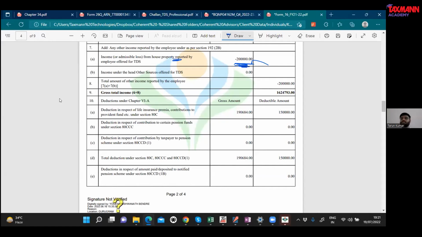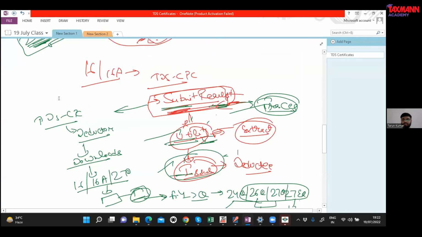It is up to the employee. If he wishes, he can give the declaration to the employer, and the employer will consider those details in his form 16. So this is the practical process to download form 16 and 16A or 27D, 16B, 16C, 16D, 16E from the portal. The process is similar for all these forms.